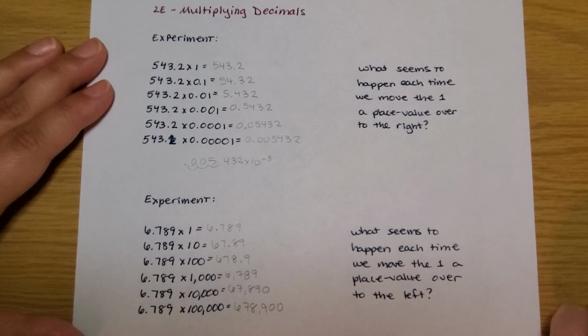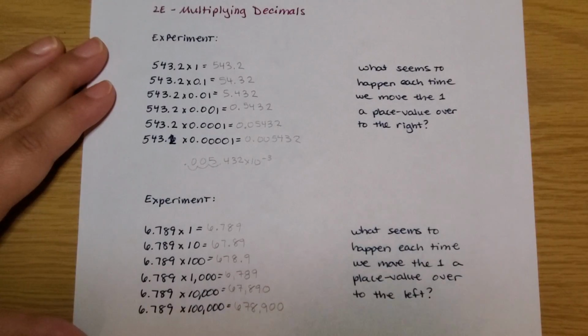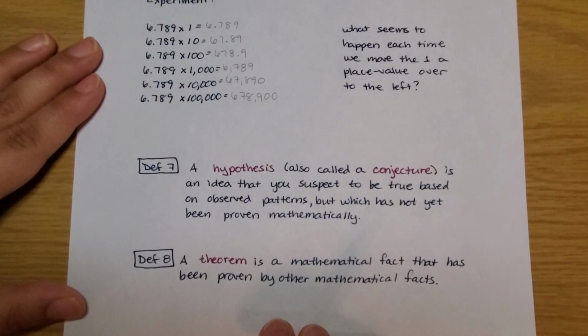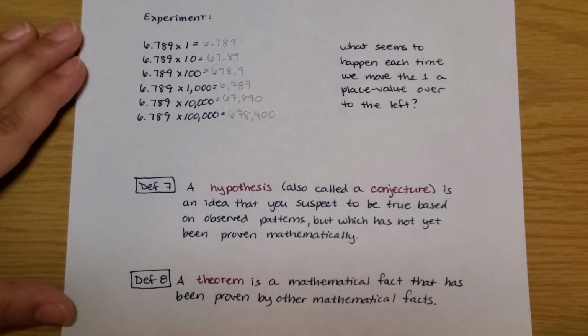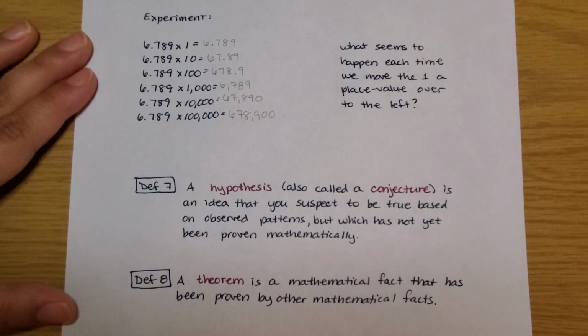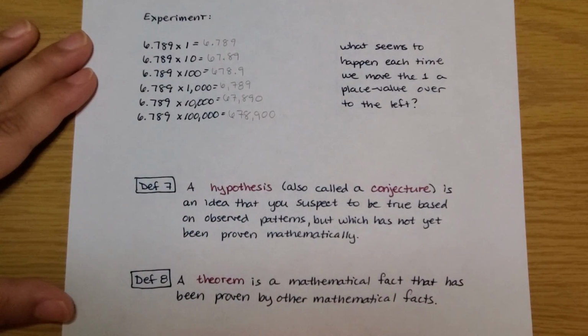So those thoughts that we're having here when we're trying to figure out what happens, that's what mathematicians do when they're not sure about what something is. They look for patterns, and then based off of those patterns, they might form a hypothesis or a conjecture. So a hypothesis or a conjecture is an idea that you suspect is probably going to be true based on patterns that you've observed, but it hasn't been mathematically proven.